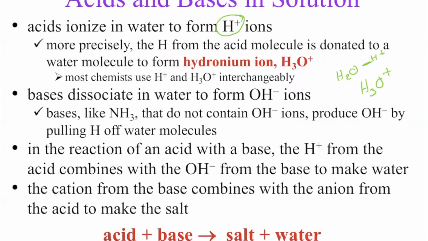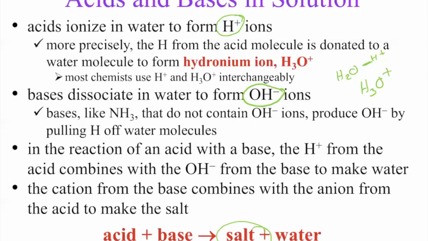Hydronium and H+, we use them interchangeably, because for every H that you have, it's going to get together with the water. Bases are going to dissociate and generate this hydroxyl. Not always, but having the hydroxyl indicates you have a base present. Whenever you have a base and an acid, you're going to generate a salt and a water.